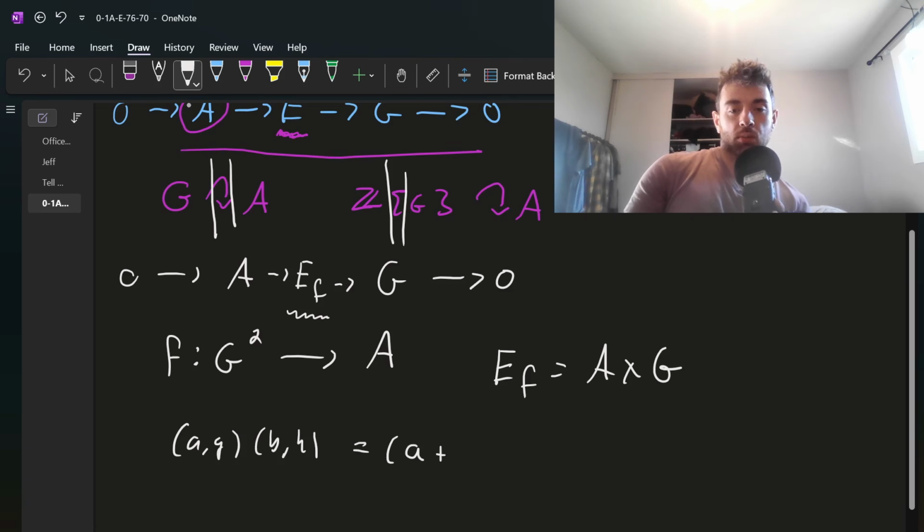So it'd be (A, G) acting on (B, H) is A plus G acting on B plus F of G,H, and then G times H here, right?